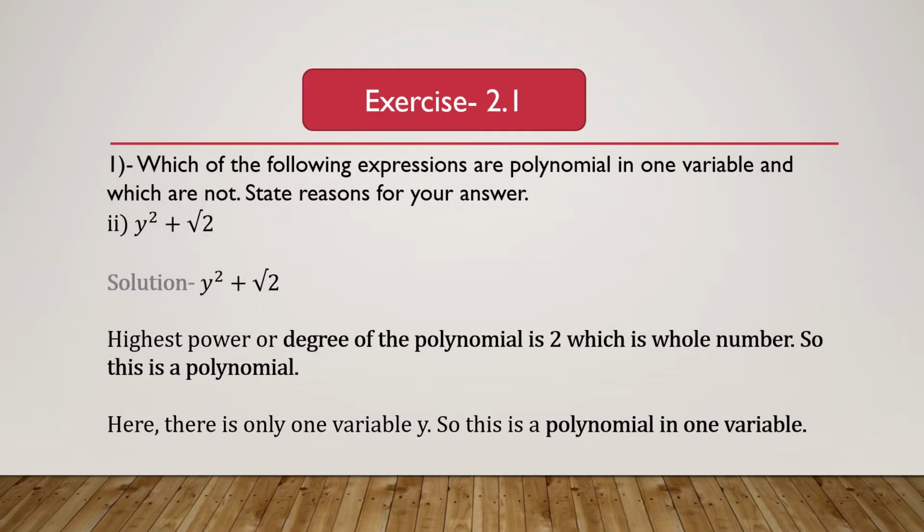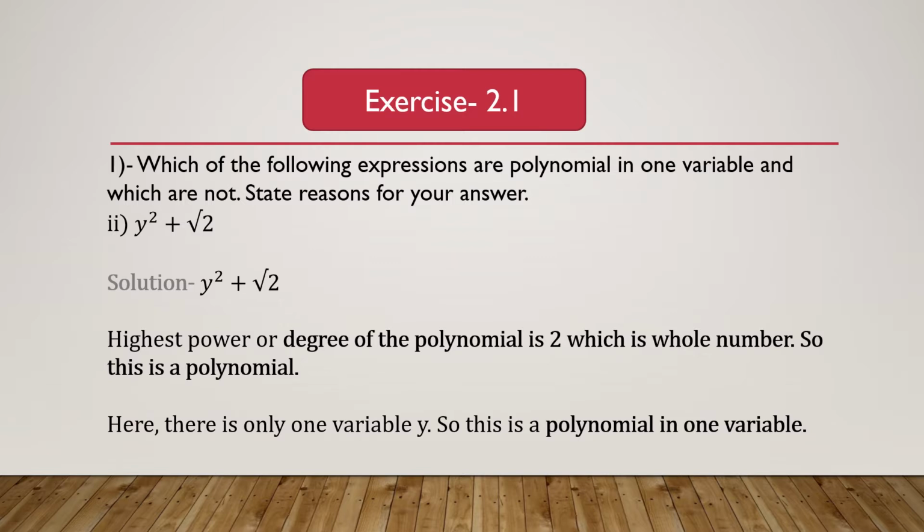Now we will solve the second part, and the second expression is y square plus root 2. We have to find out whether this is a polynomial or not. Here the degree, that is the highest power of this polynomial, is 2, as in y square. The degree of this polynomial is 2 and 2 is a whole number.